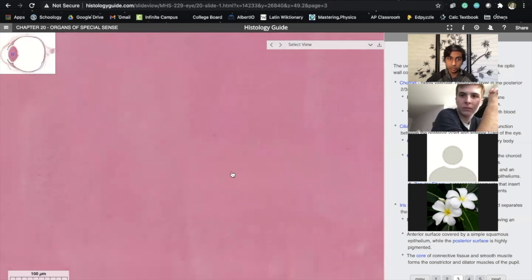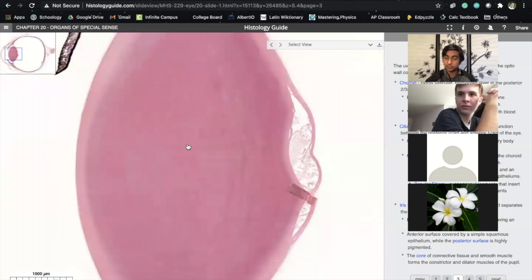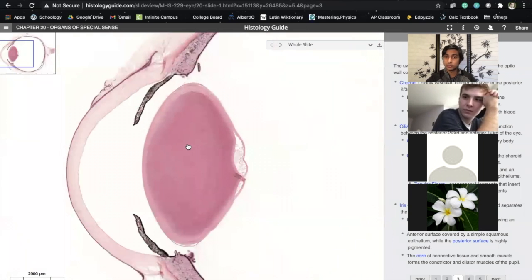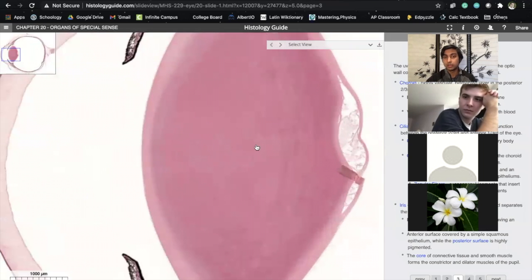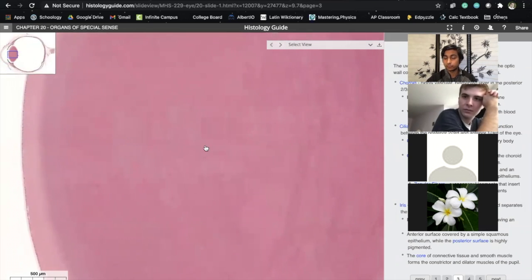Can you tell there's no purple nuclei that we would be looking for if we were looking for cells? This is your lens. Now, can you imagine if we had cells in the lens, where we want to be able to see and have light penetrate through perfectly well, right? That's why the lens is this way, okay?